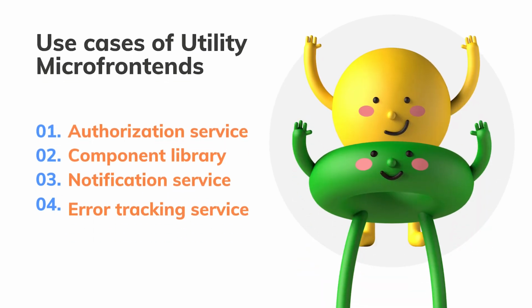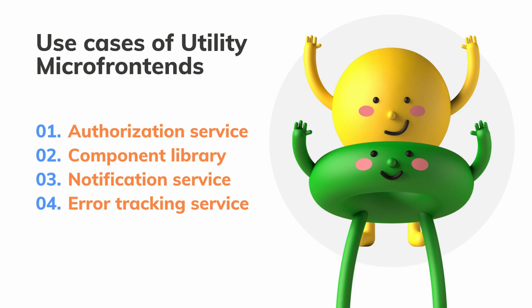Okay, now let's see what the use cases of utility microfrontends are. As you can see here, I have listed only four key use cases. The first one is that we can use it as an authorization service, and we can use it as a component library, as a notification service, and as an error tracking service.